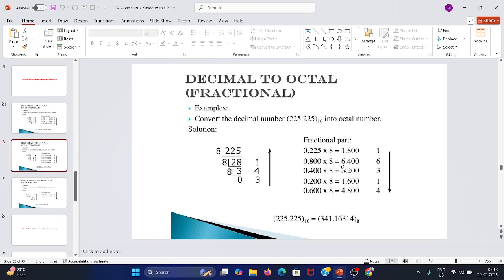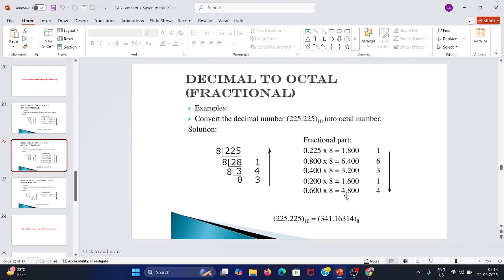Or we can do some steps and skip the others. So we have to do about 5 to 6 steps. If it comes to 0 within that, we stop; otherwise we can skip the other multiplications after that.